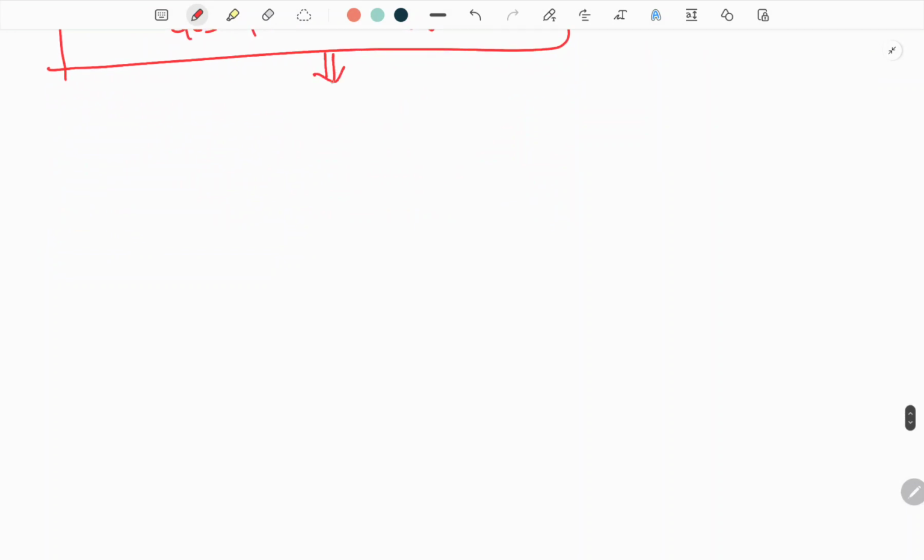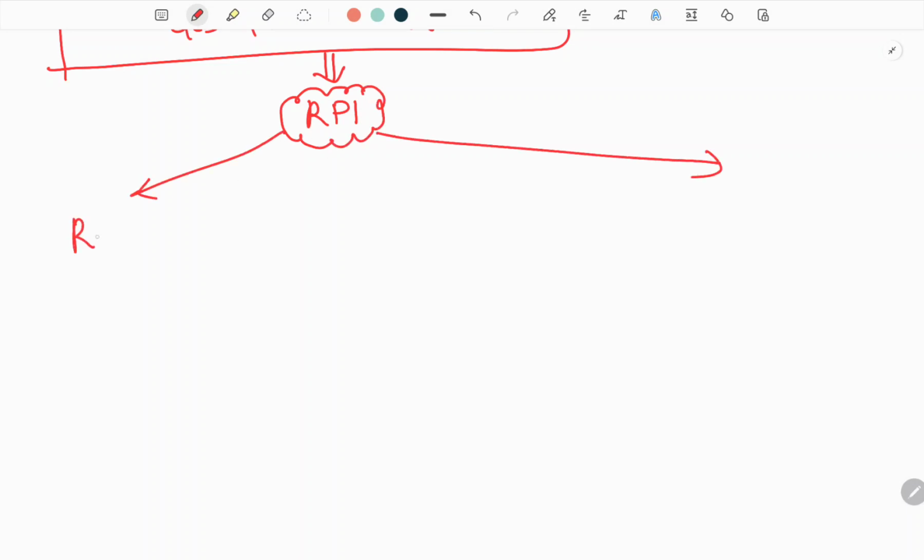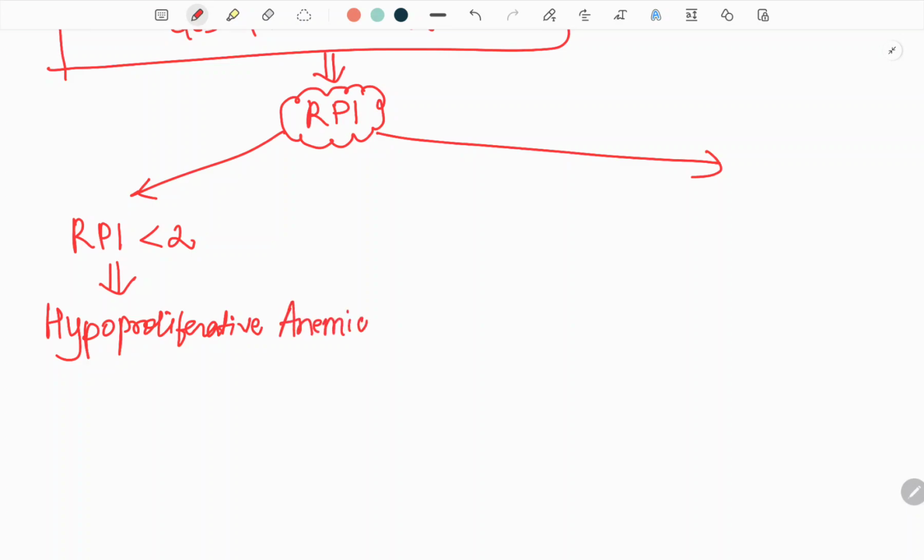Now on the basis of this, if the RPI is less than 2, it is known as hypoproliferative anemia. Fine. And if RPI is more than 2, it is known as hyperproliferative anemia.